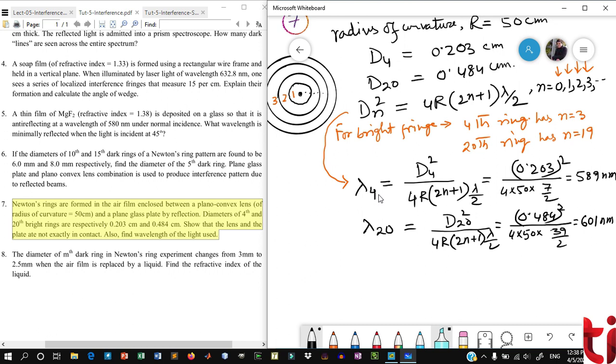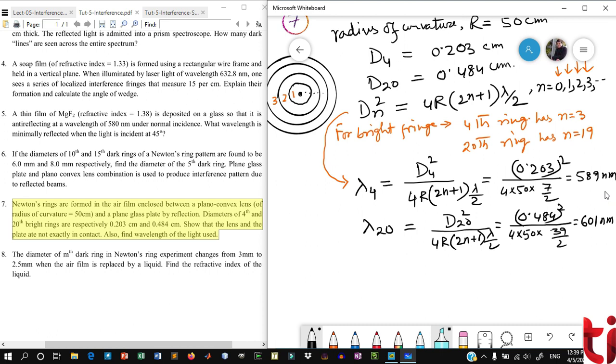In the Newton's ring we used the same light, we didn't change the wavelength. It's just one simple monochromatic light. So in this case the lambda must have been same, but it is not. In one case it is 589 nanometer, another case 601 nanometer.